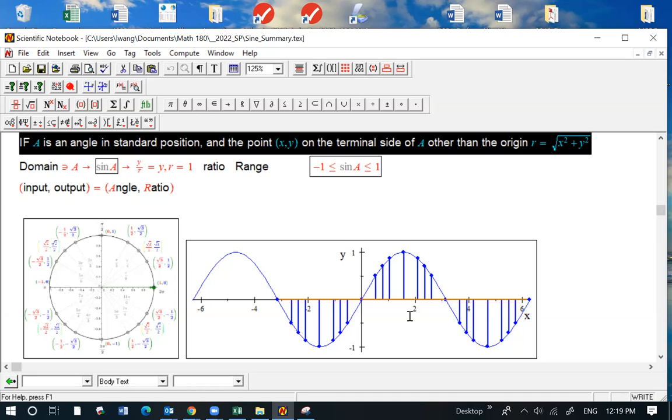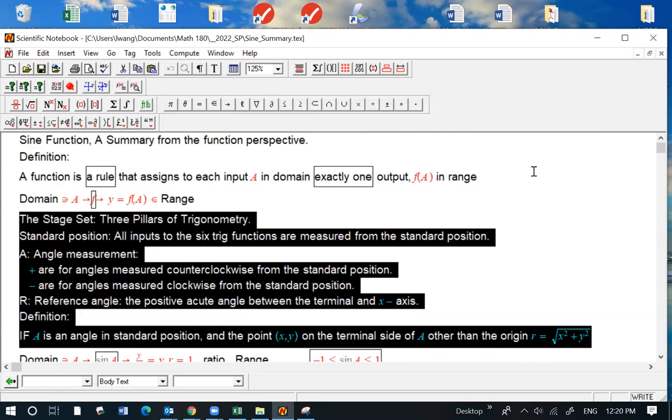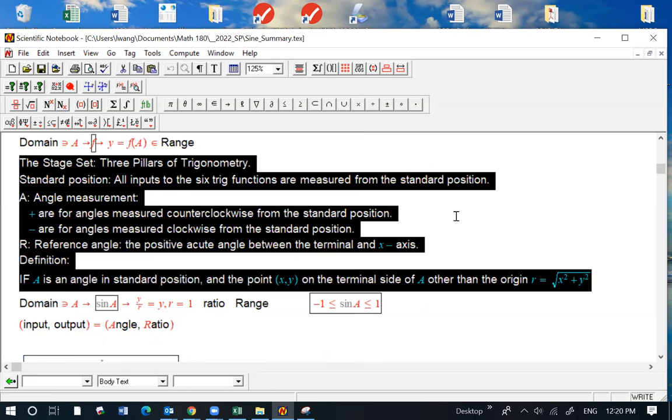Not less than once, because it will always touch the curve somewhere, because the domain for sine is all real numbers. So any vertical line you draw, you're going to cross the curve exactly once. So the definition of function is satisfied.